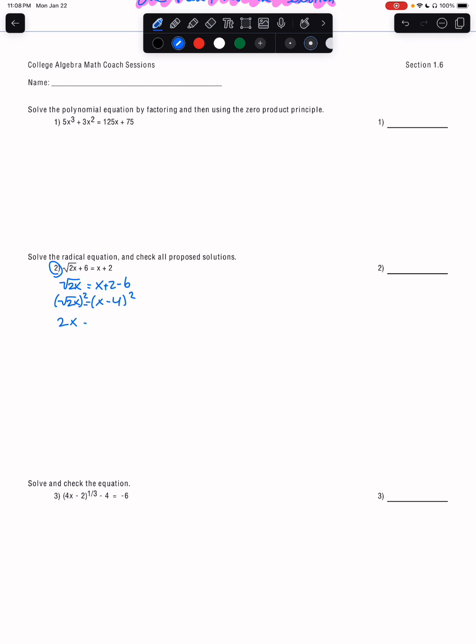Which gives us 2x. Then if we expand this, just x minus 4, x minus 4. And then since we have a 2x on the left side, we're going to expand the right side because it'll help us shuffle things around. So if you FOIL this out, you'll get x squared minus 4x minus 4x plus 16.